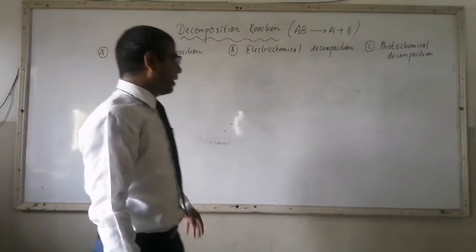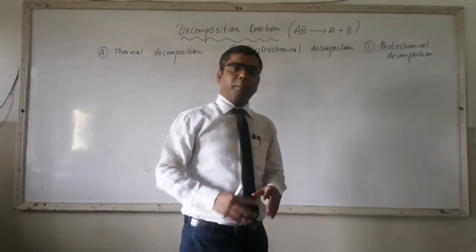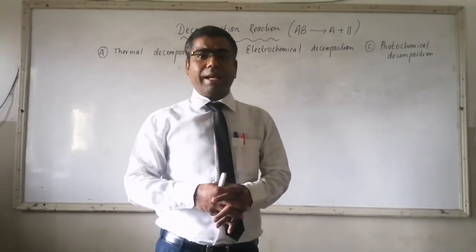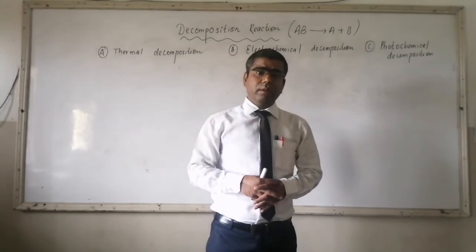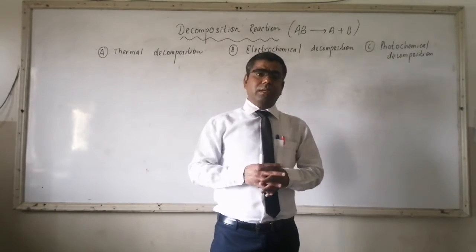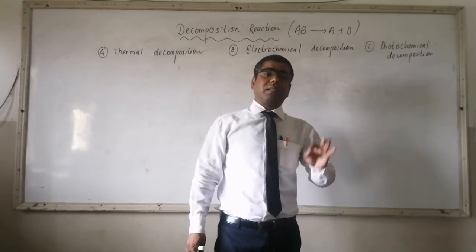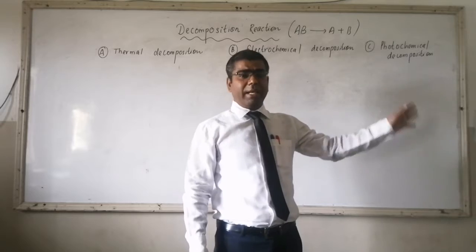Now, type number second is your decomposition reaction, which is just opposite of combination reaction or addition reaction. Why is it opposite? Because in this reaction, a single reactant is broken down or converted to two or more than two products.